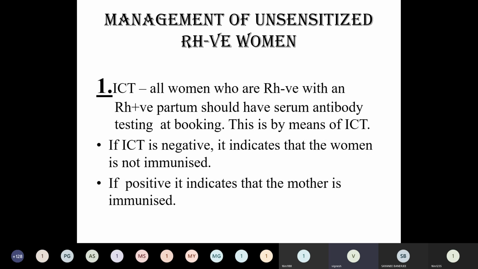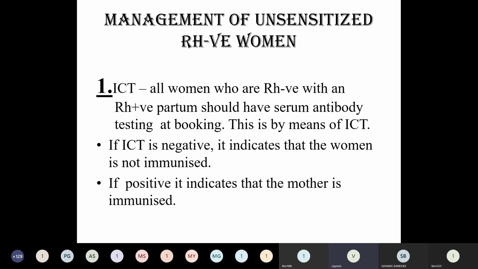If the ICT is positive, then it indicates that the woman is already immunized. ICT we mean indirect Coombs test.